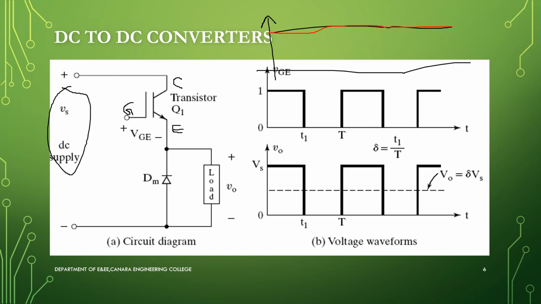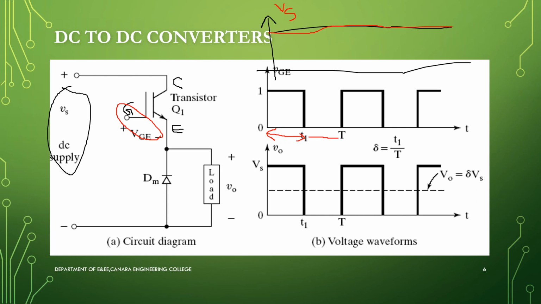This is your fixed DC, which is your input, Vs. Now, turning on and turning off of your transistor is controlled by the gate to emitter voltage which you are going to apply. You can see here, it is a signal of duration T1. So T1 to T, it is off. So the duty cycle is given by the on period divided by the total time period.